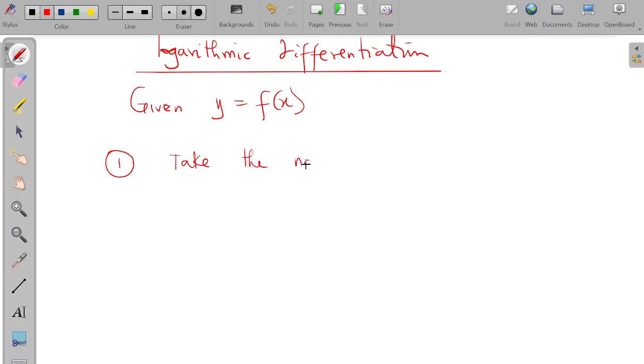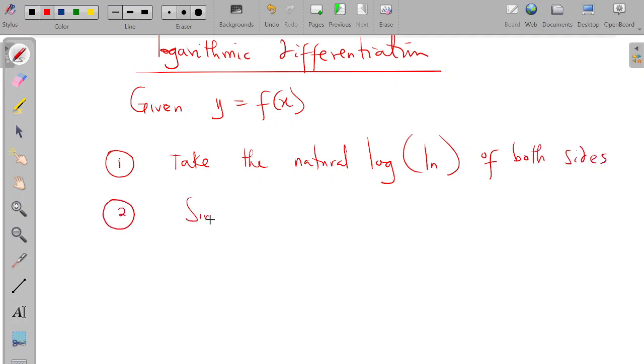Natural log is the ln. Take the natural log of both sides. That is the first step. The second step is that you simplify ln of f of x. When you take the natural log of both sides, we have ln of y, and then ln of this.